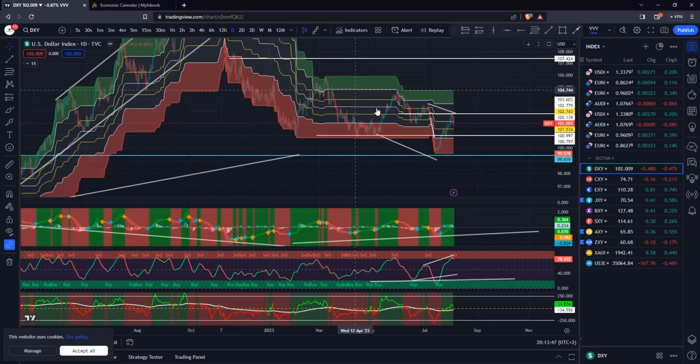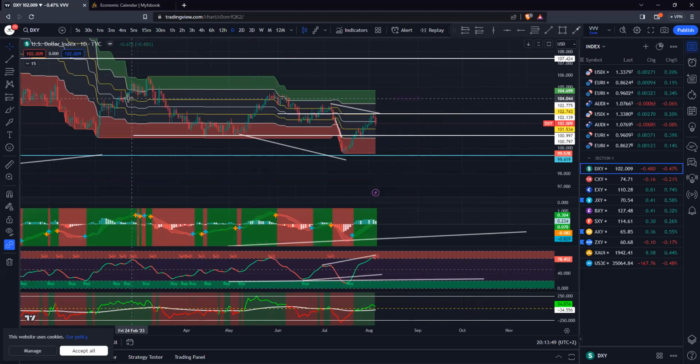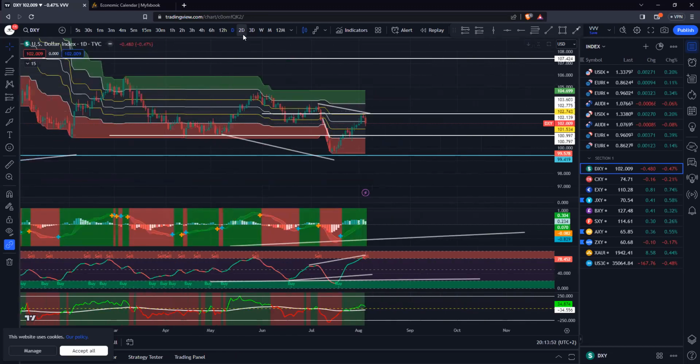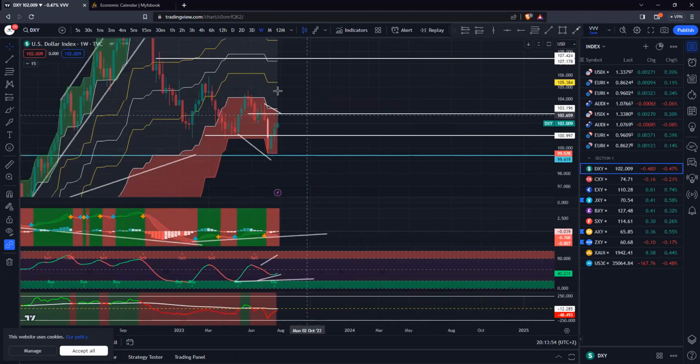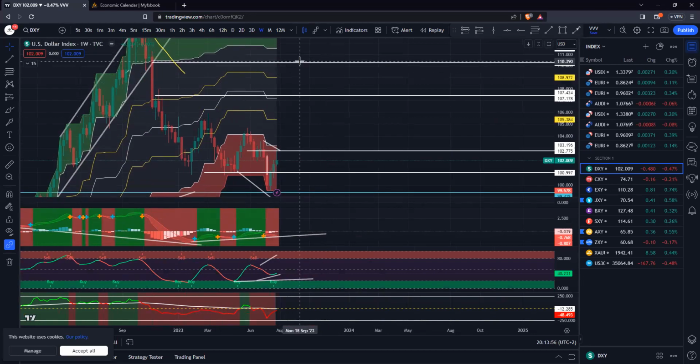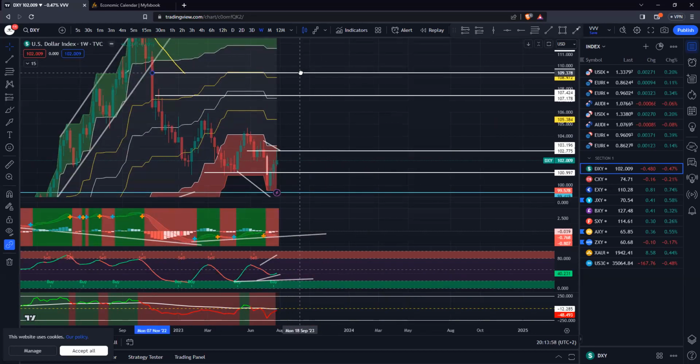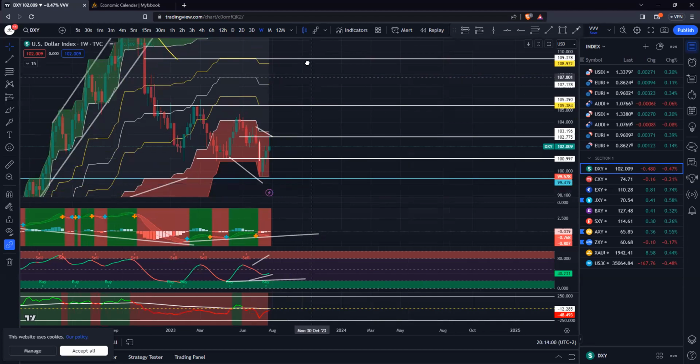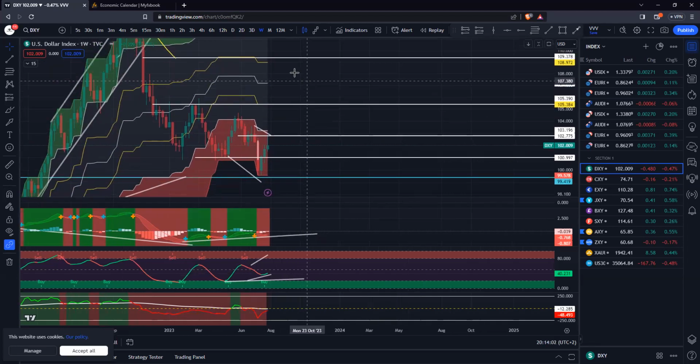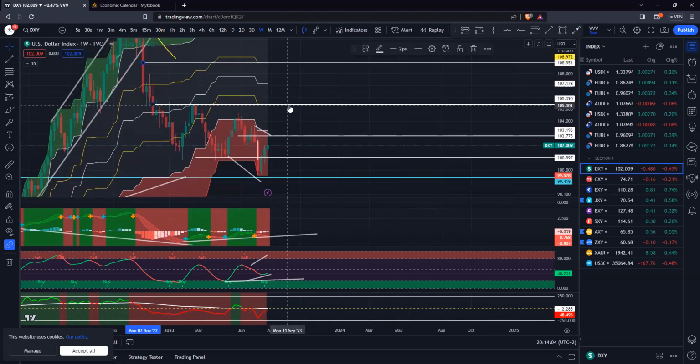Actually, that was the previous point, and a nice zone, but actually I'm going to change that. First this, after that this could be a nice target point.